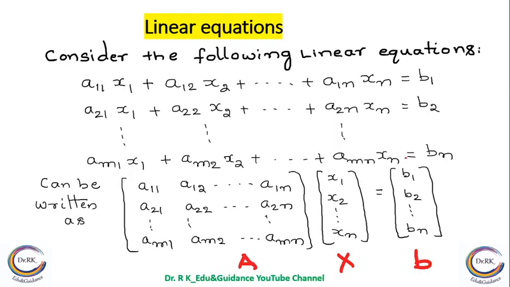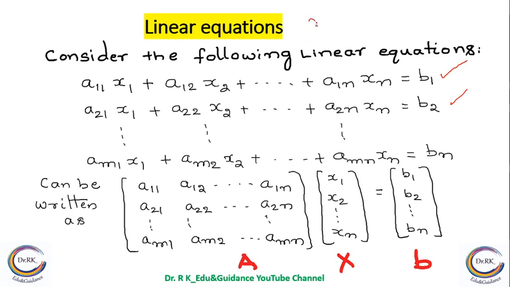Now, to begin with, consider the linear equations a11x1 plus a12x2 plus a1nxn equal to b1, a21x1 plus a22x2 plus a2nxn equal to b2, and so on. This is a generalized form.